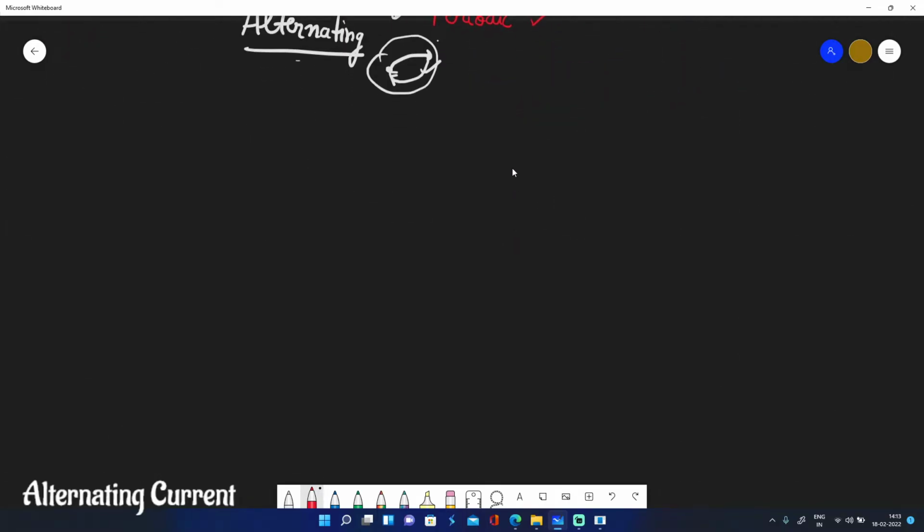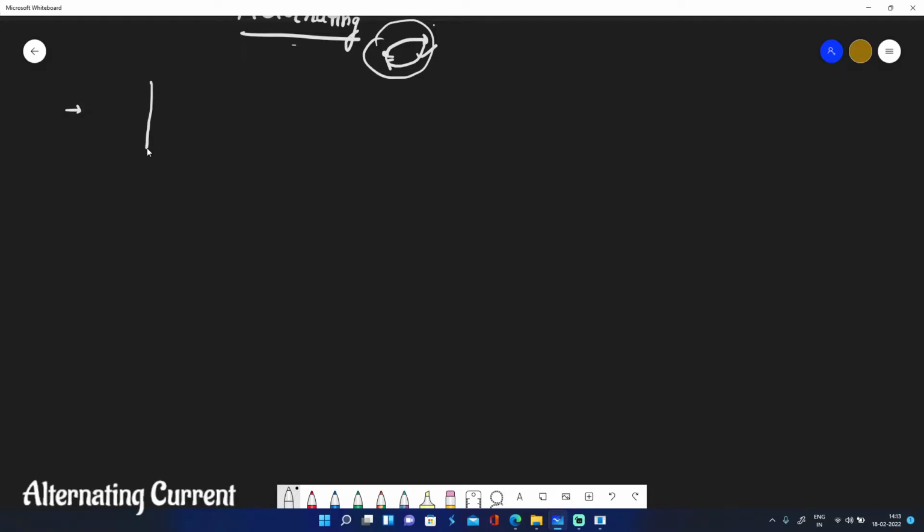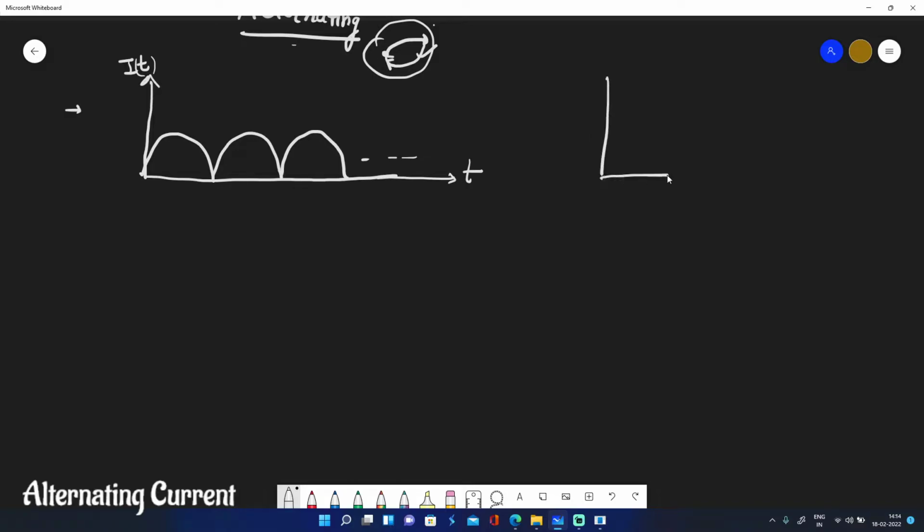Now we will take another example. If I take another waveform, it is like this. What will you say about these kinds of waveforms? This is continuing to infinity. This is a current, it can be voltage also.